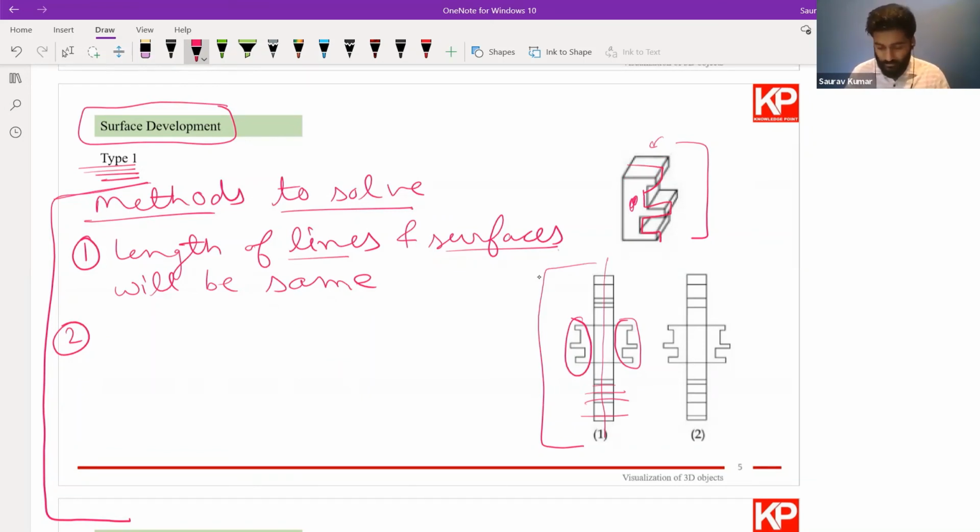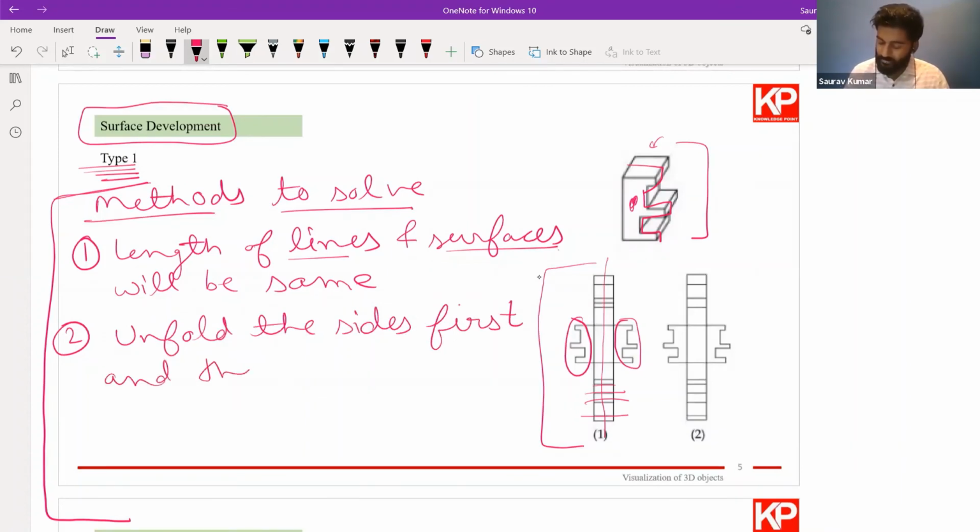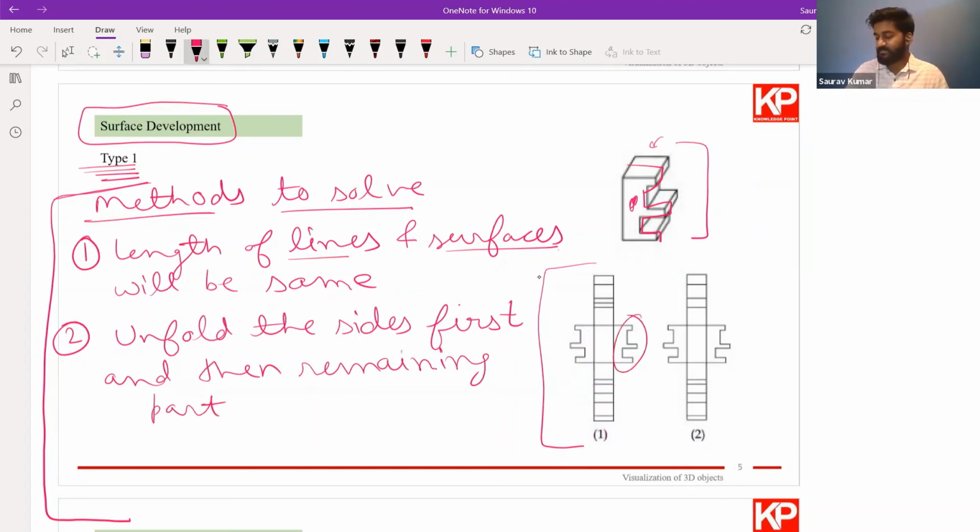So always unfold the sides first, and then the remaining part. That means always first compare these sides. It might happen that out of the given 4 options, 1 or 2 will simply get eliminated because these sides are not what is given in the question figure.